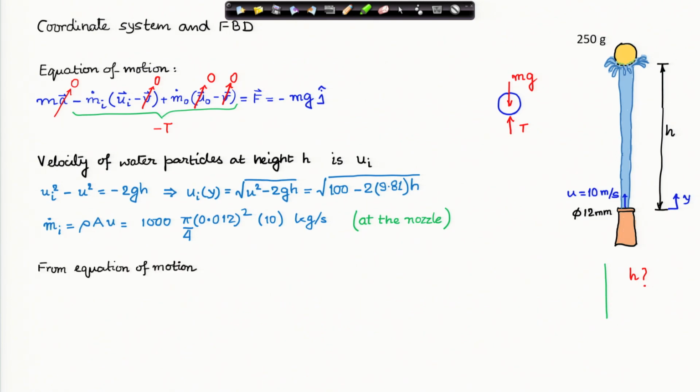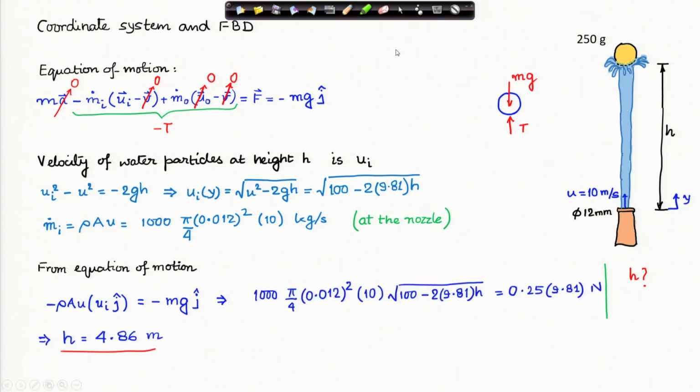Now I will plug in all these values in the equation of motion, and I have a simplified equation, because I have m I dot as rho A u, which I have written here. The negative sign comes from our master equation, times u I, this magnitude, times j cap, is equal to minus m g j cap.